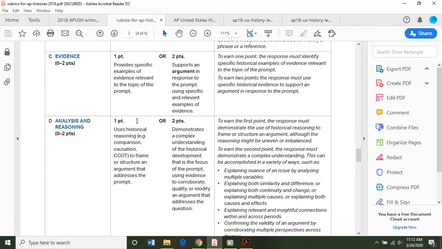Analysis and reasoning. I like to call this the reasoning point. You are asked to do one of three historical reasoning skills: comparison and contrast, cause and effect, or change and continuity over time to frame your argument. So if your prompt is, what are the causes of America getting into World War One?